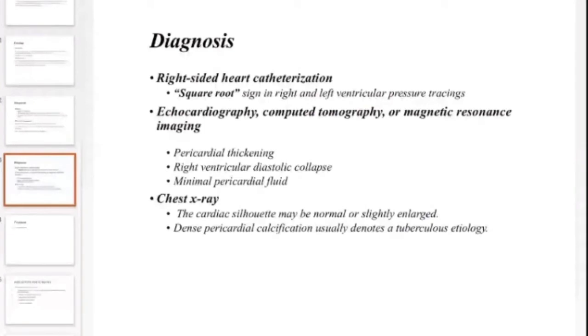It will show the constrictive picture: pericardial thickening, right ventricular diastolic collapse, and maybe minimal pericardial fluid. On chest X-ray, the cardiac silhouette may be normal or slightly enlarged, and there is dense pericardial calcification if it is from a long period of tuberculosis.